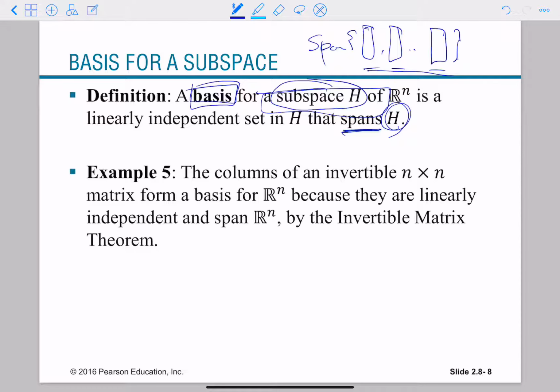So using the basis vectors, we have to fully span the given subspace, but we cannot make the span of these bases bigger than the given subspace. We have to exactly match the given subspace, okay? And then they should be linearly independent, which means we don't allow any redundancies, okay?